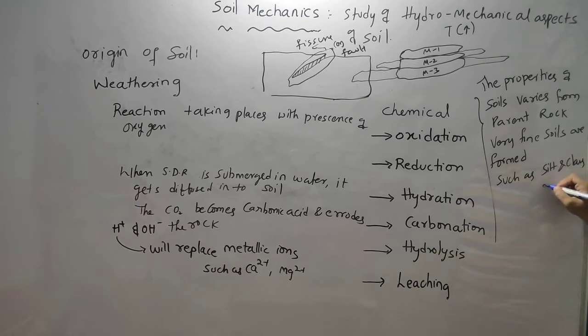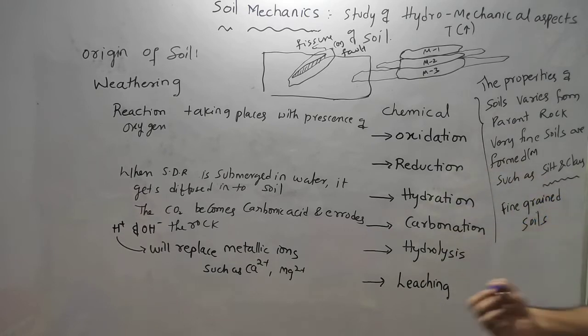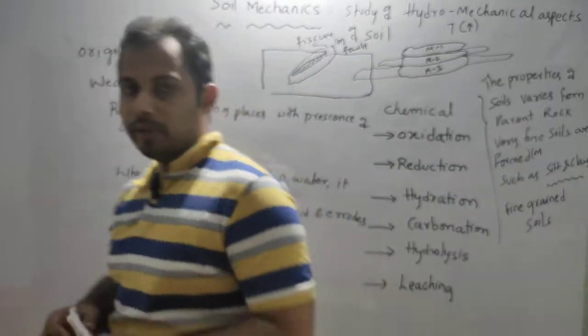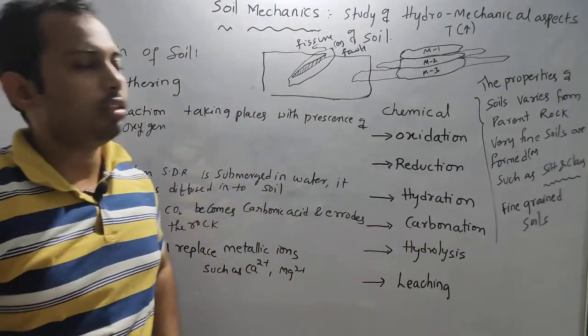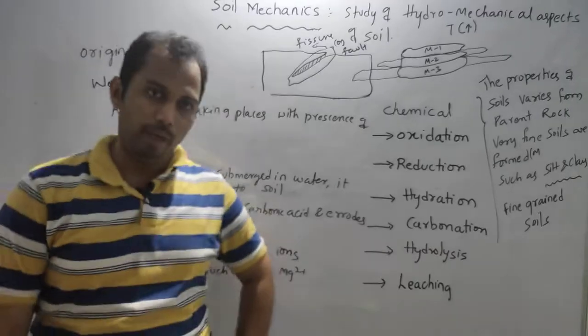So generally silt and clay are formed out of chemical weathering. Gravels and sands are coarse grained soils, while silts and clays are fine grained soils. The coarse grained soils are formed by physical weathering. The fine grained soils are formed by chemical weathering.